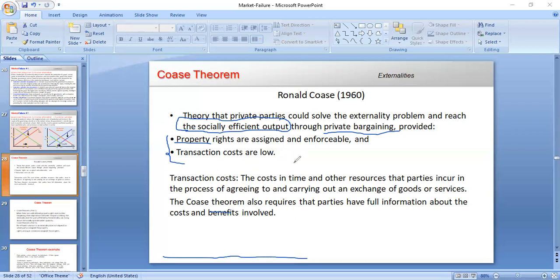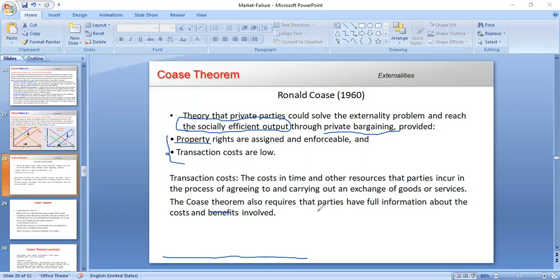It would be the polluting farm and the people near the farm that are suffering the negative consequence of the pollution, inhaling the greenhouse gas emissions from the farm, for example carbon dioxide. He said that as long as these two parties agree and bargain, the problem of negative externality would be solved, and the efficient outcome would be attained.